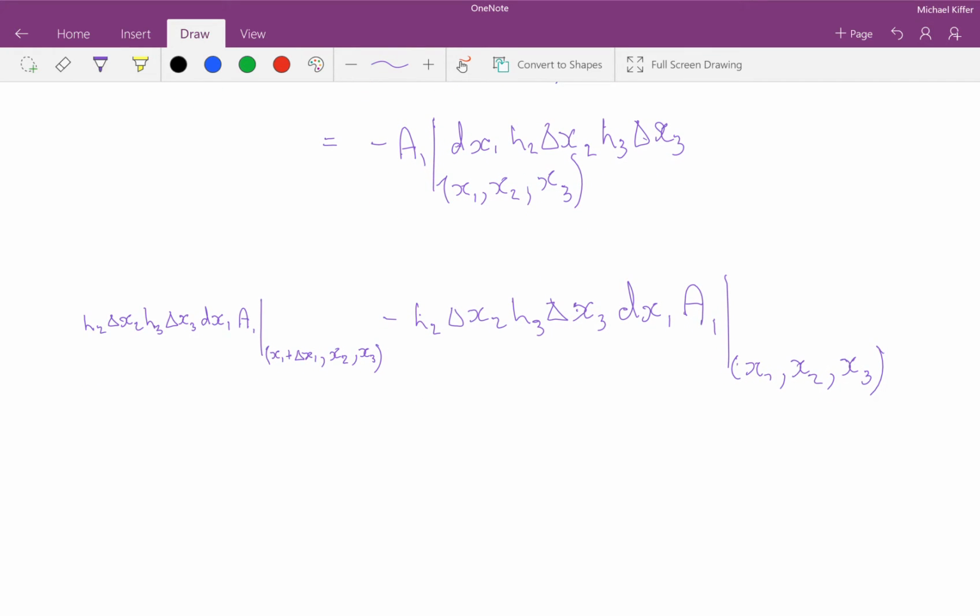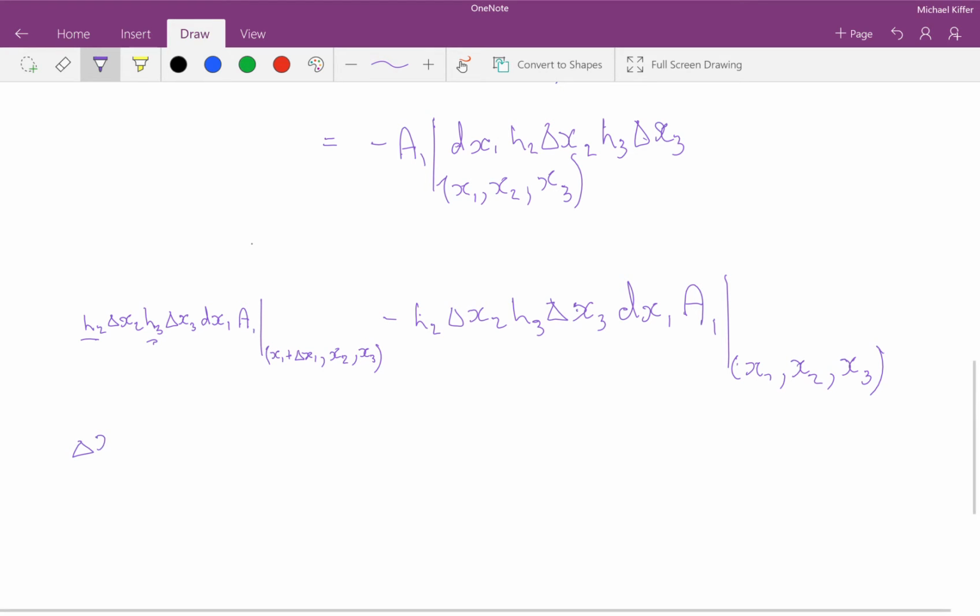Now h2 and h3 are functions of x1, x2, and x3, and so need to be evaluated at those points. So we can actually group them with our a1.